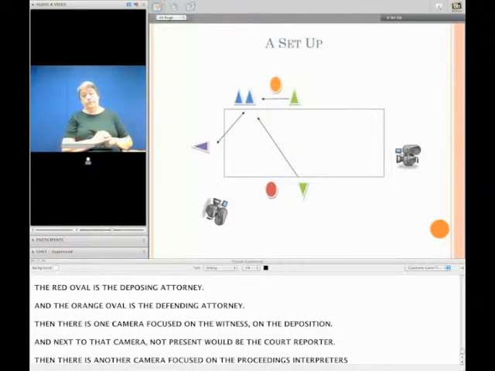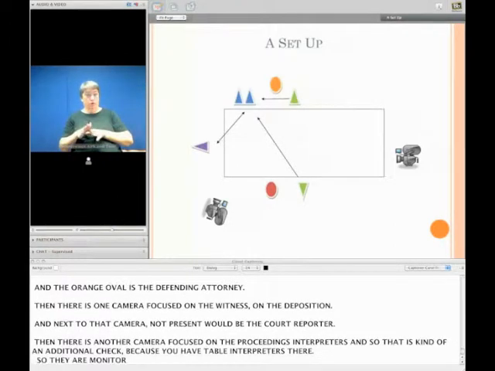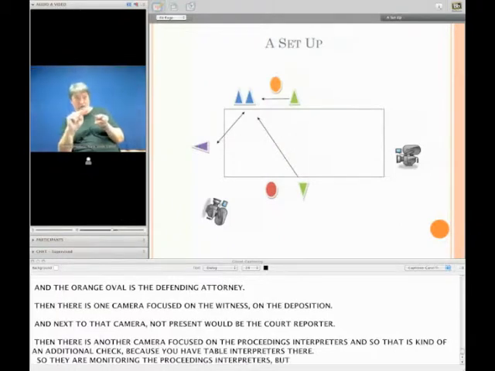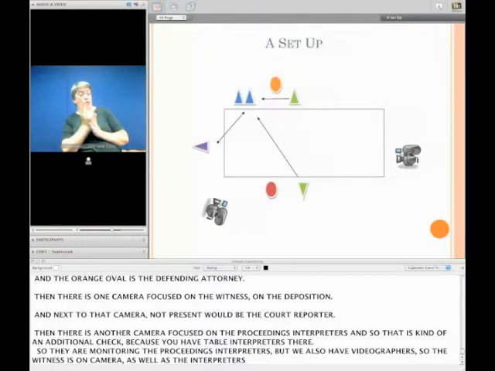And so that's an additional check because you have table interpreters there, so they're monitoring the proceedings interpreters. But we also had videographers so that the witness is on camera as well as the interpreters. In case there is an issue about the interpretation, the video can be watched immediately.